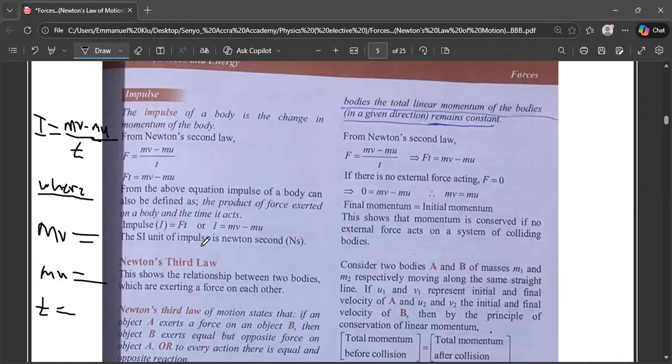The SI unit of impulse is Newton seconds. So the change in momentum, all of this is I. Mathematically, how can we write this? This can be written as I over t. Do you believe?